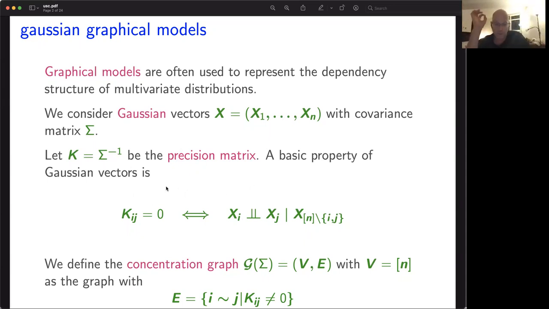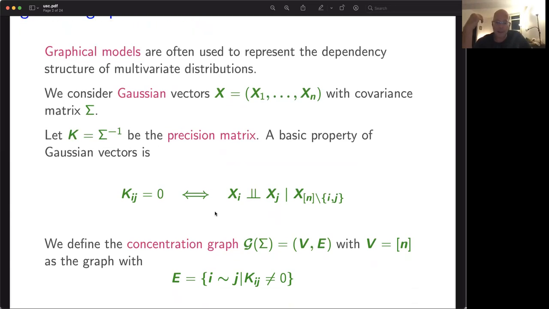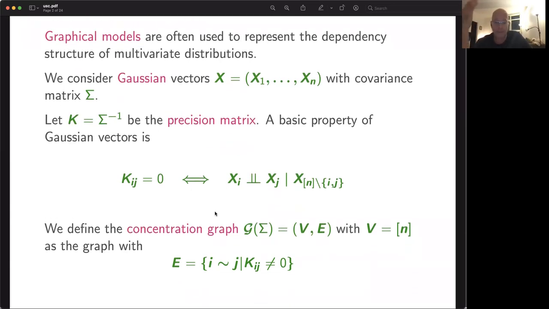So the zeros in the inverse covariance matrix have this really nice interpretation. And this means that whenever we have a non-zero entry, those variables are somehow related, even conditionally not independent, given the rest of the variables.